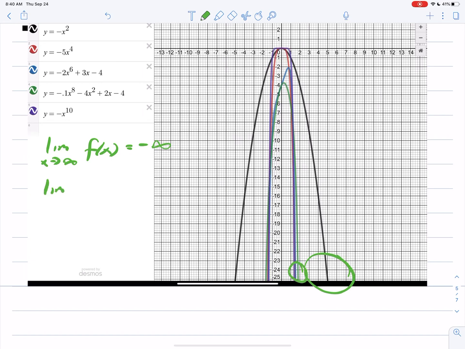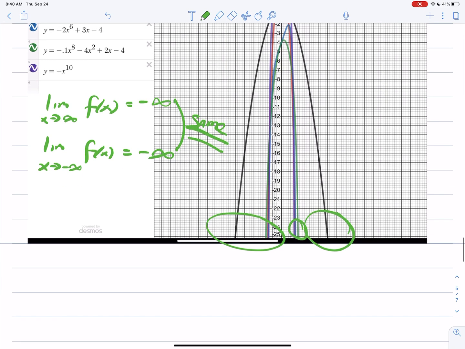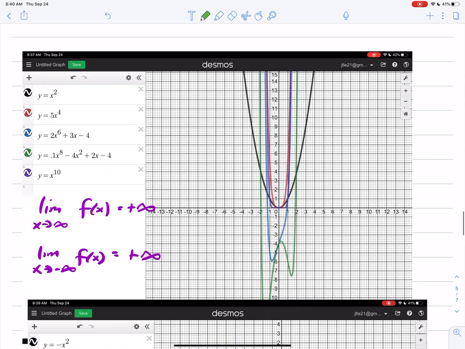And if we go to the far left, as x approaches negative infinity, they still go far down. But notice how the end behaviors are the same. So this is the start of how you're going to graph anything that you want.